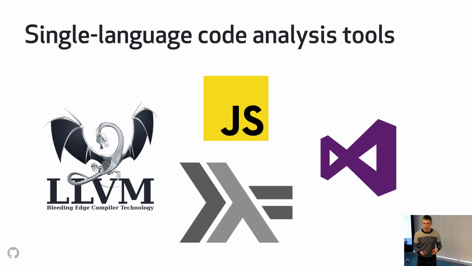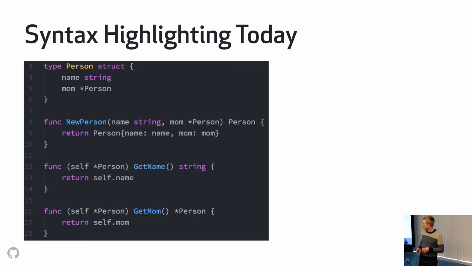So let me give you a simple example of this. One of the biggest things that helps us to read code is syntax highlighting. And syntax highlighting is something that we use pretty much all the time while we're working, whether we're looking at code on GitHub or on Stack Overflow or in our text editor like Atom or Vim or whatever.